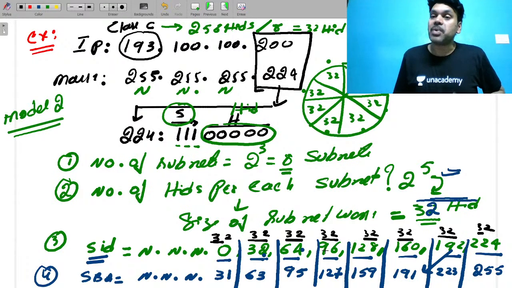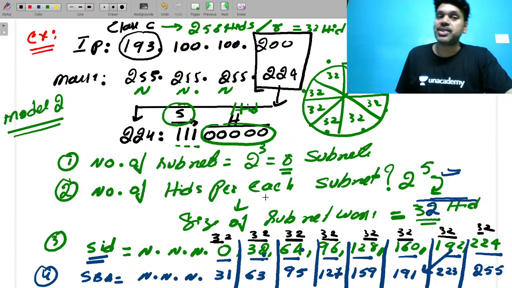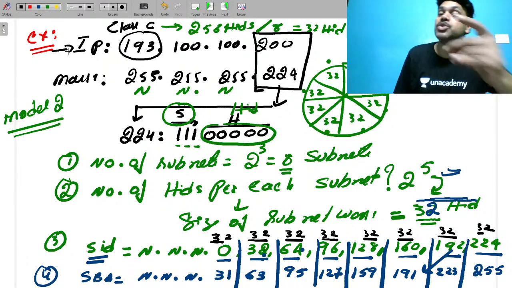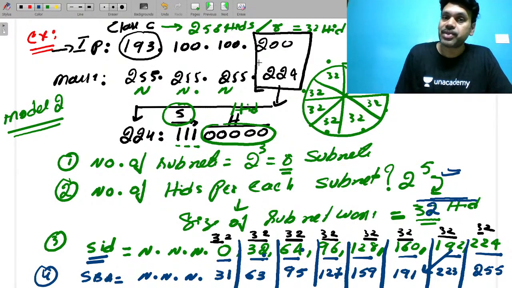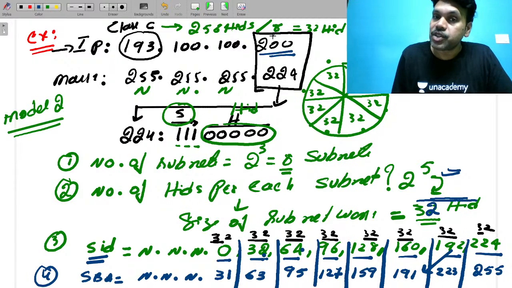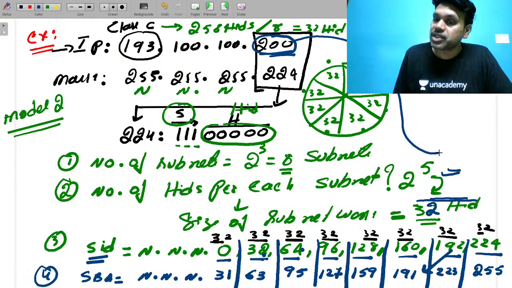Okay. Now you tell me, if I ask the question, which subnetwork does the given IP belong to? Can anybody guess? So your host ID is 200. Which subnet does this 200 belong to? Let us drop it here.